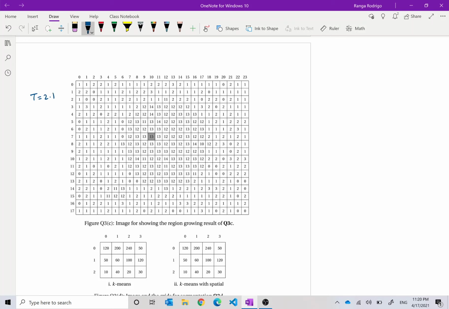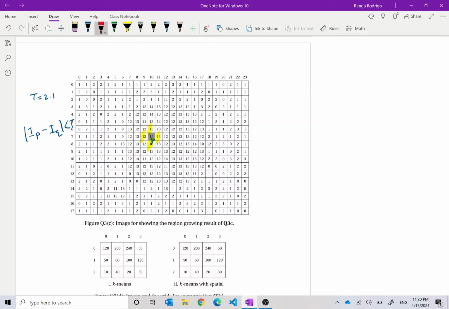If the pixel of concern is P, the intensity of that pixel minus the intensity of Q, a neighboring pixel, if it is less than T, we put that in the segmentation. So let's consider these 4 pixels, the 4-neighborhood. So 15 minus 13, the absolute value is less than 2.1.